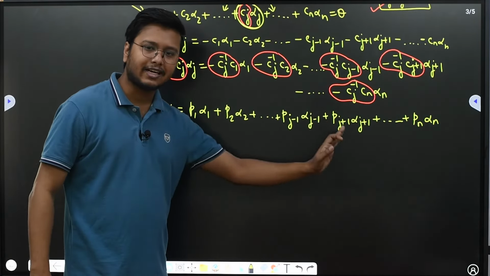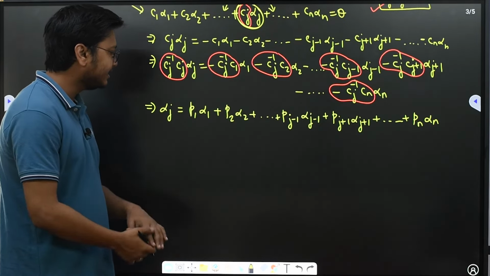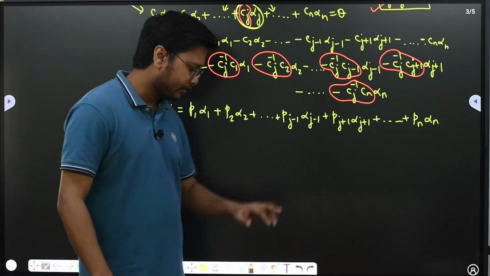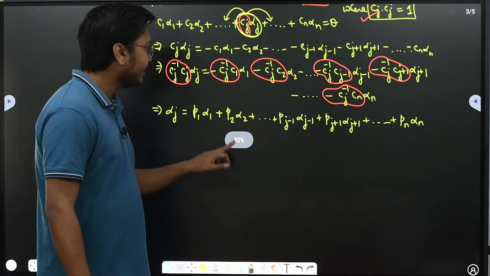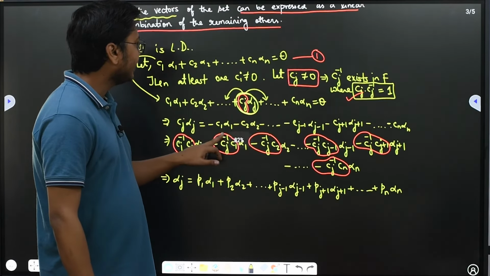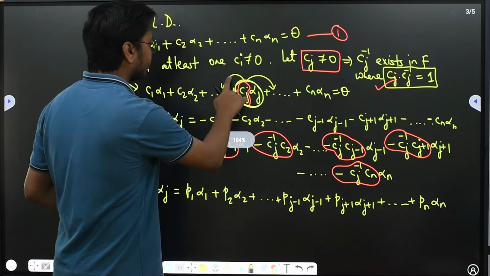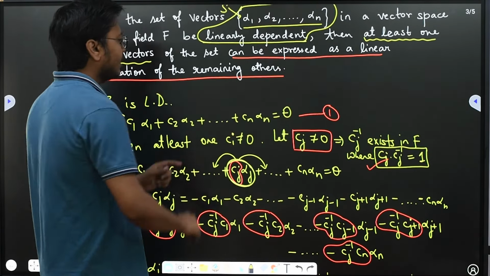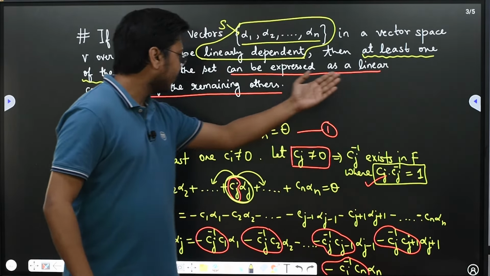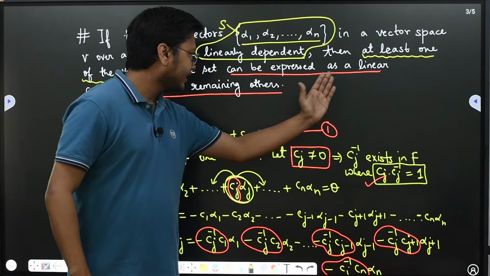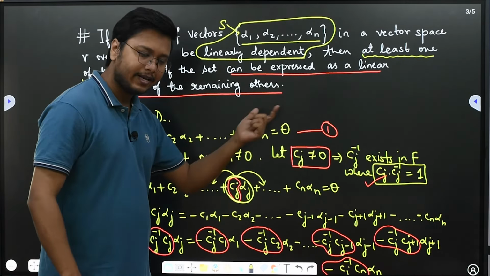So I have got this kind of an expression, and just see, this is the one that I wanted. What was the statement telling me? The statement was telling me that at least one of the vectors can be expressed as a linear combination of the remaining others.